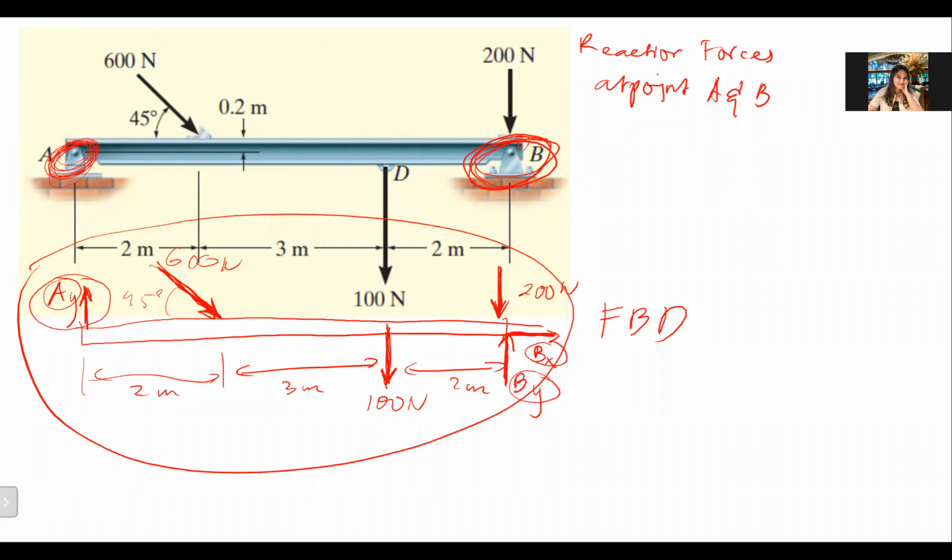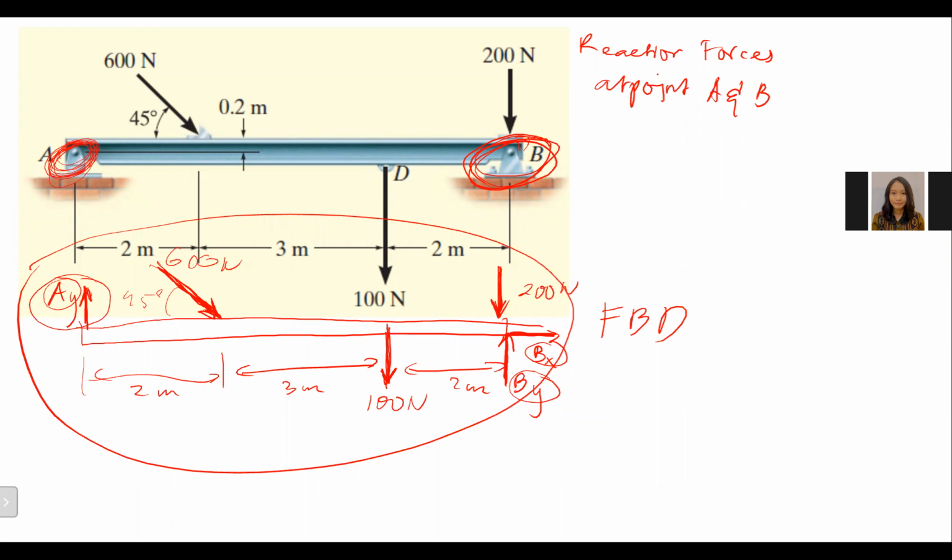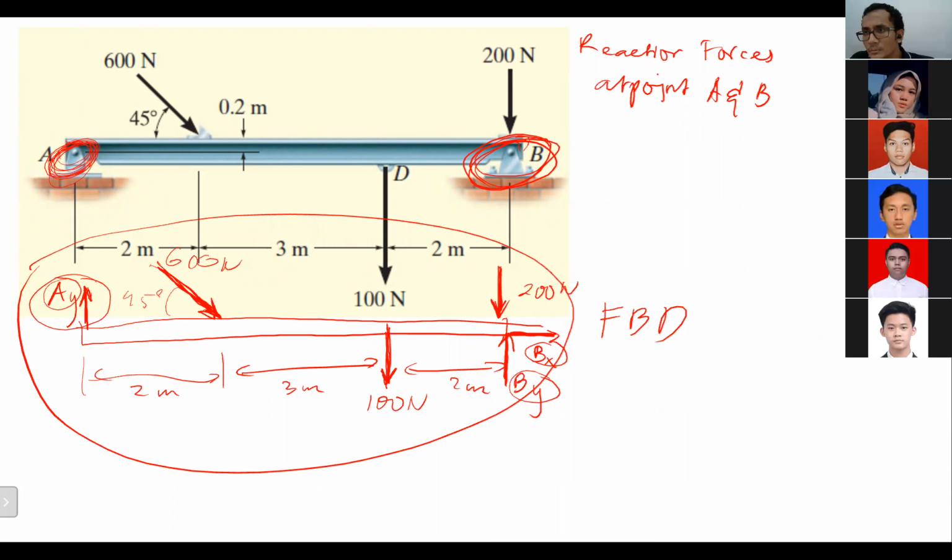Which ones are the known variables and which ones are the unknown variables? Just now two of you already tried to answer my question. Who was that? Oh, Asyan.